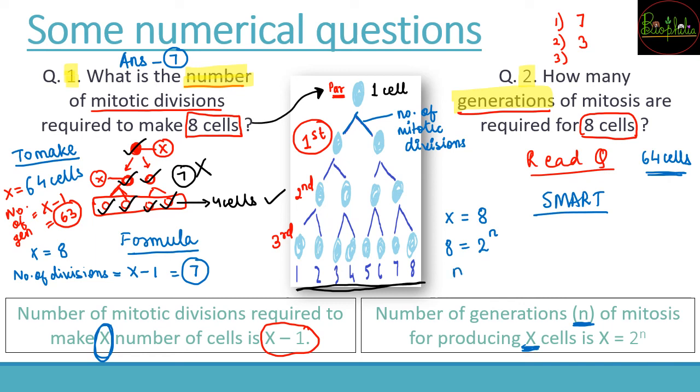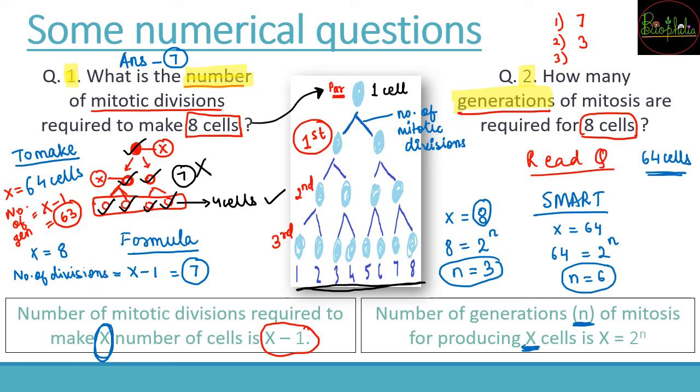So finally, what is the n value? The n value is going to be 3. Right? We also got the answer from counting the number of generations. So that was easy for the number 8. But if you consider the number 64, if you want to produce 64 cells, then you are going to see that 64 is equal to 2 raised to n, and over here n is going to be equal to 6.